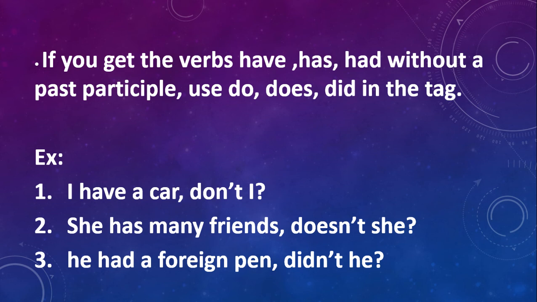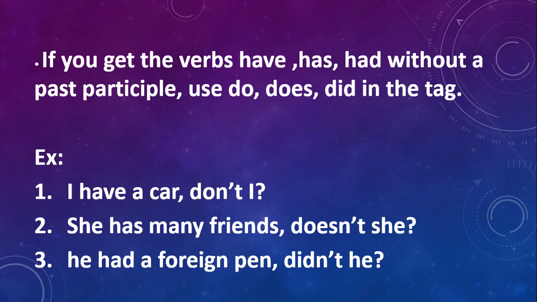So here, I have a car. Here it is in a have form. What is the rule for have? Do plus have. So this sentence is positive, so I have to apply the negative form, n apostrophe t, do and I, don't I.